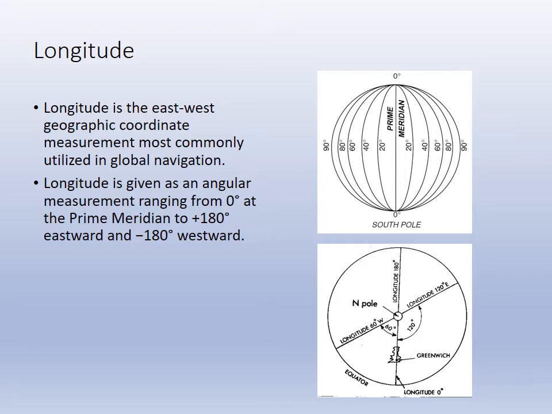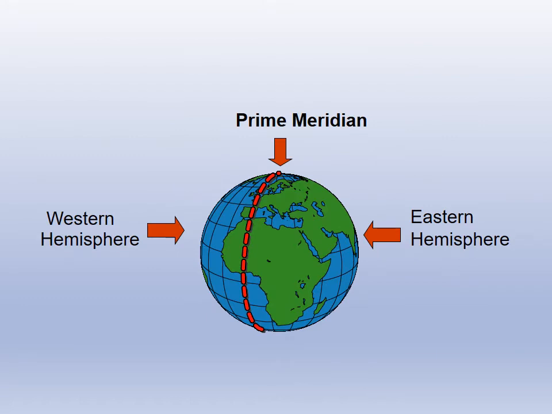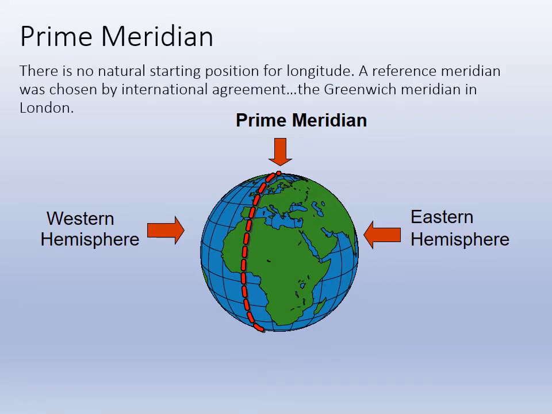So every 15 degrees you have a time zone. So there's the prime meridian dividing the eastern and western hemisphere. It's called the Greenwich meridian, and Greenwich time is the zero, and then everything is measured from Greenwich time. 15 degrees would be an hour.